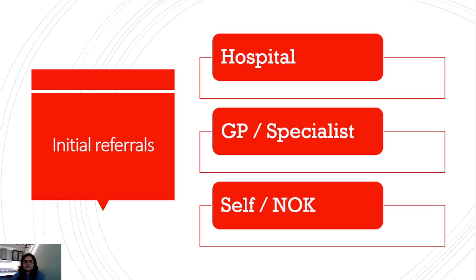Then these referrals can sometimes be self-referred, like clients can call themselves, because nowadays everybody in Australia probably knows about the phone number for My Aged Care, or they can find it through their relatives who may be working in the health sector, or they may find it through their doctor.